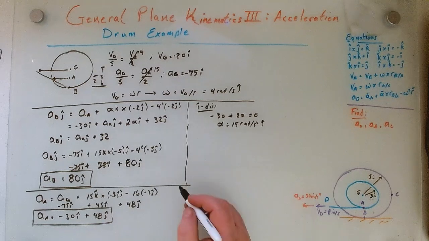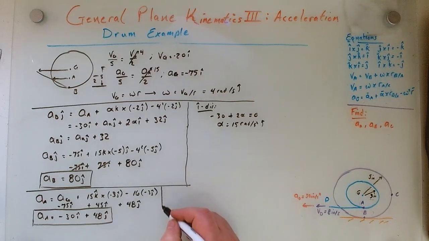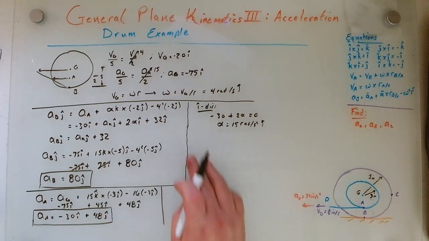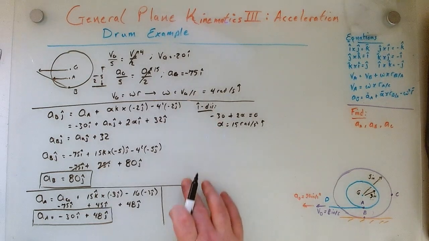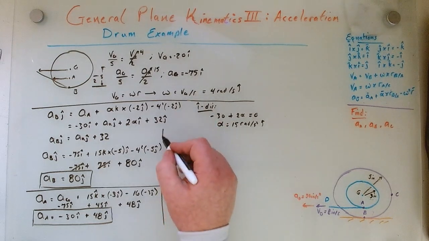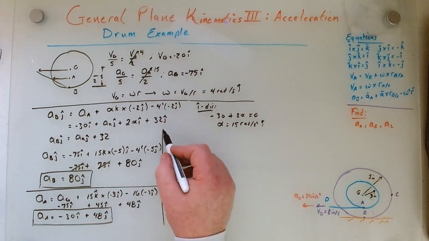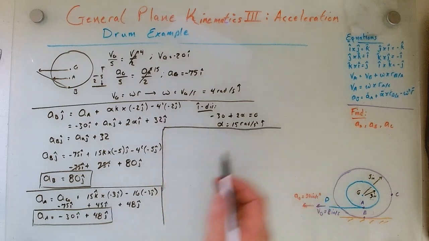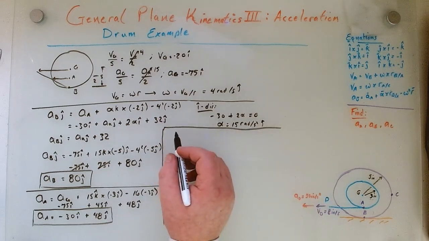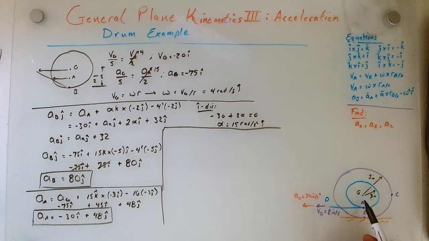Coming for you, C. Alright, here we go. Now we want a sub C, and it is from G to C. The vector here is a positive 5i, right?